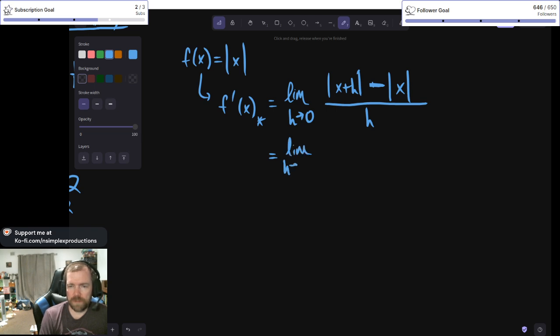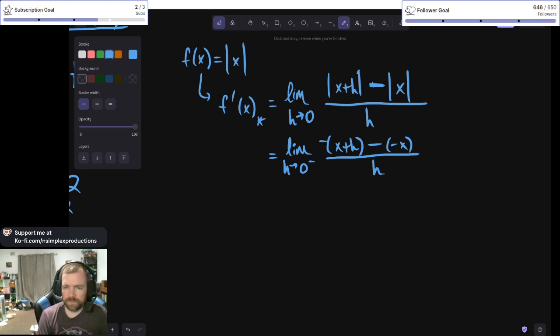So this is going to be the limit as h goes to 0 from the negative side of negative parentheses x plus h, minus negative x, all over h, which is going to be the limit as h goes to 0 from the negative side. Here we have negative x minus h plus x all over h.